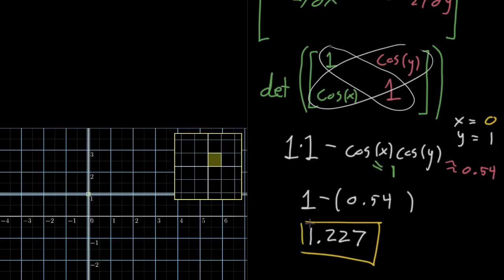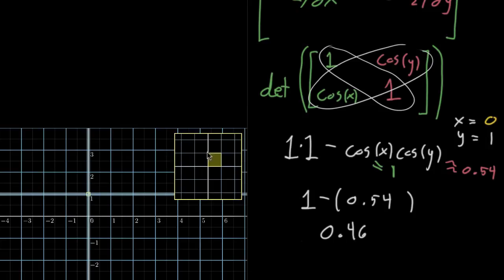So this one, once we actually perform the subtraction, instead, when you take 1 minus 0.54, that's going to give us 0.46. So because this determinant of the Jacobian around the point 0, 1 is less than 1, this is telling us we should expect areas to get squished down. Precisely, they should be squished by a factor of 0.46.